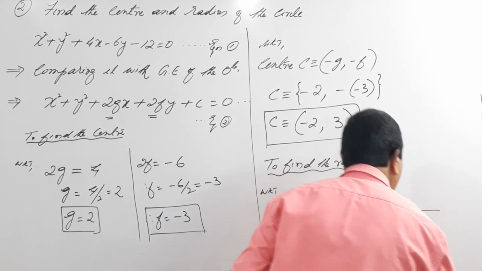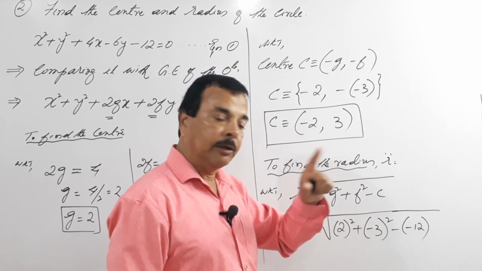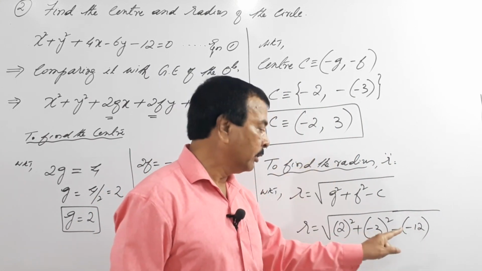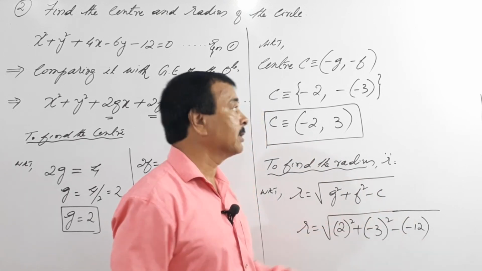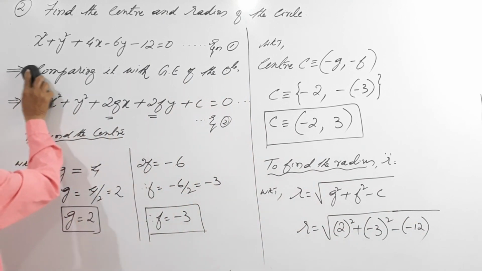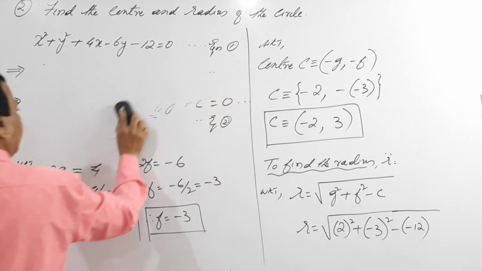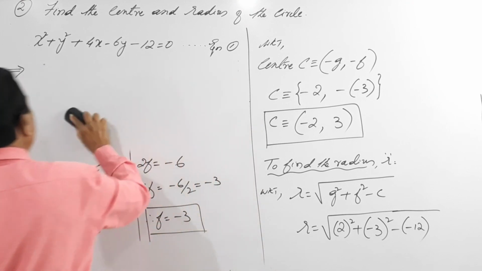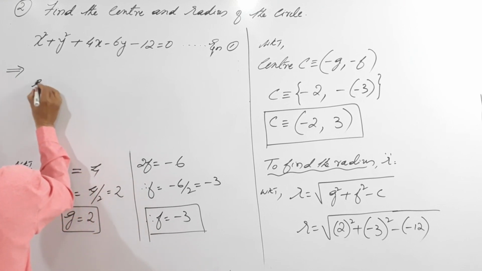Minus 12. That's why I always tell you to put it in brackets. What if you don't put brackets and write the minus straight away? That's the reason I always tell you to use brackets whenever you have a minus value. So minus into minus is plus. So what happens now?